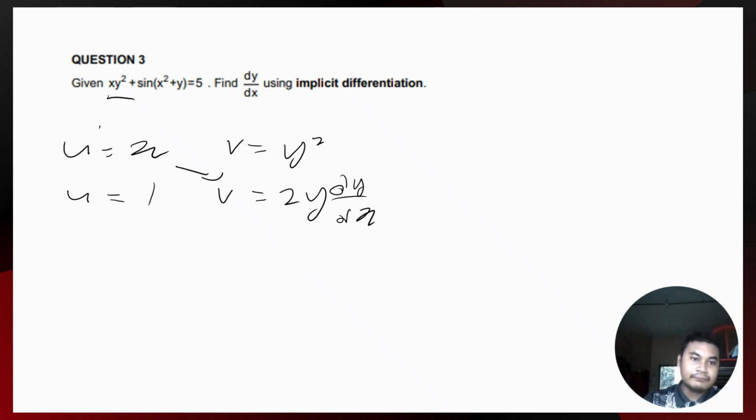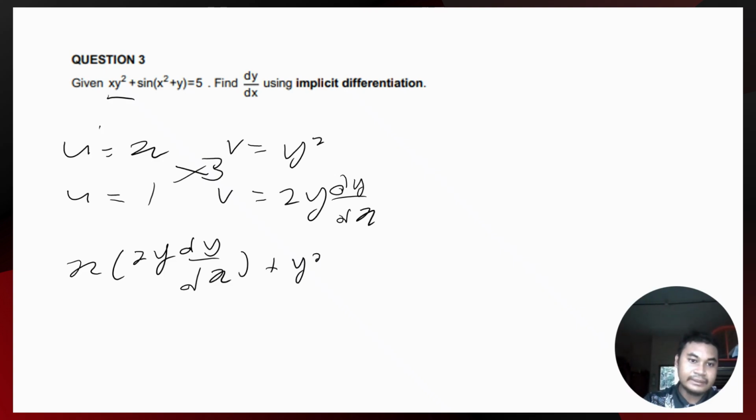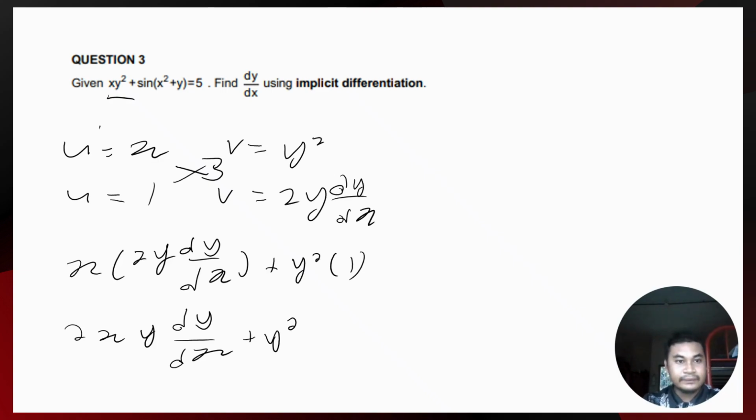Then we do the product rule and get x times 2y dy over dx plus y squared in brackets times 1. We complete the multiplication and expansion, which gives 2xy dy over dx plus y squared.